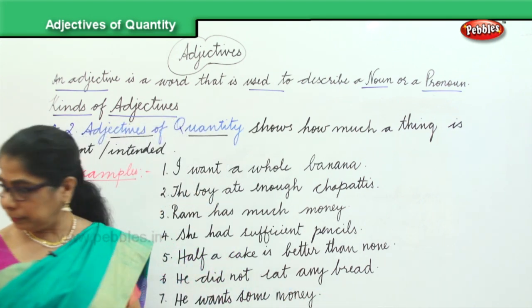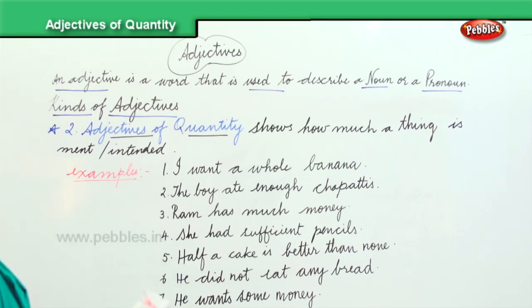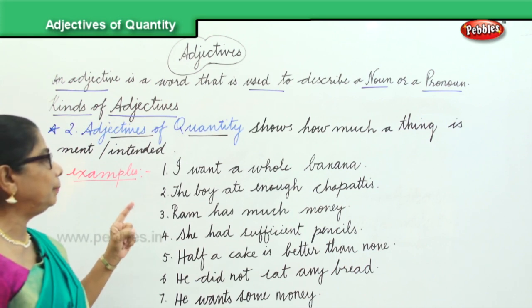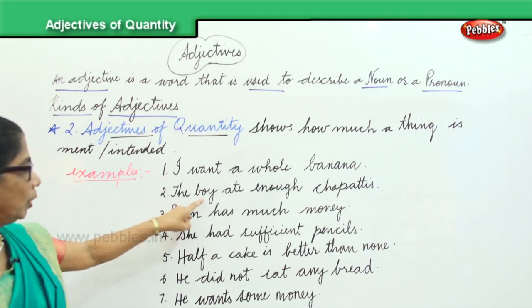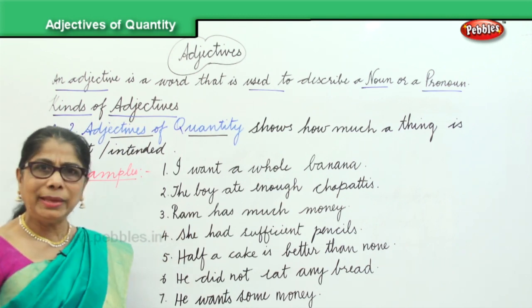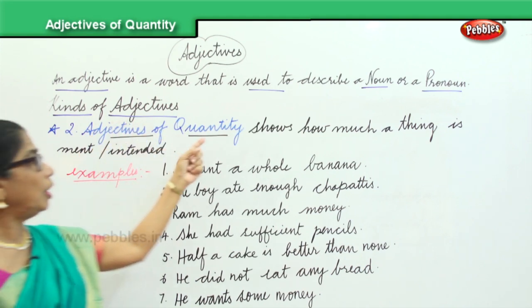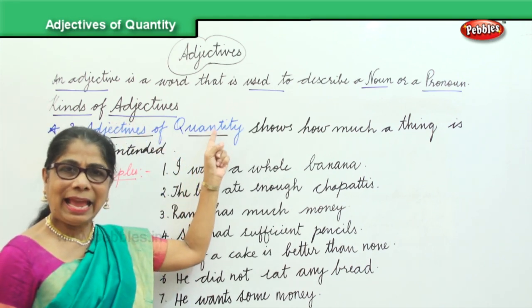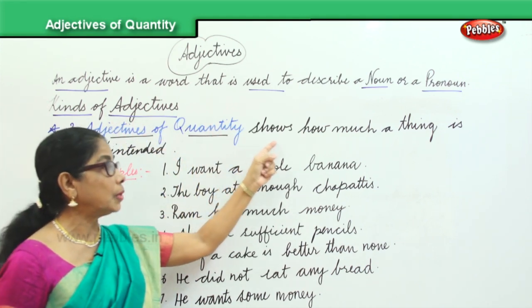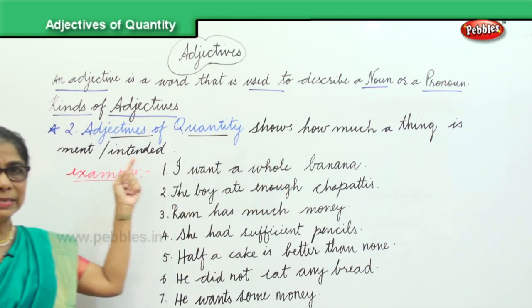I have 7 sentences for you. An adjective is a word that's used to describe a noun or a pronoun. We are doing the second kind of adjective, that's the adjective of quantity. Adjective of quantity shows how much a thing is meant or intended.